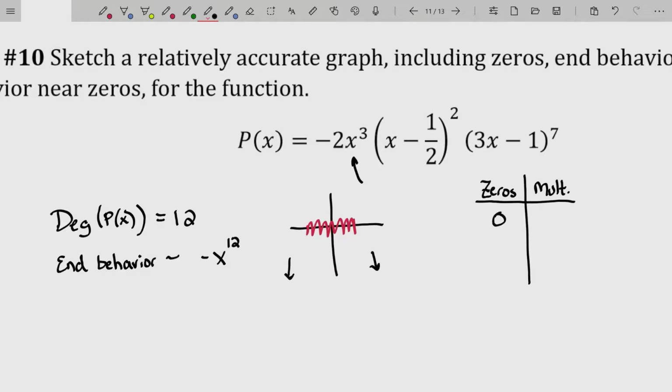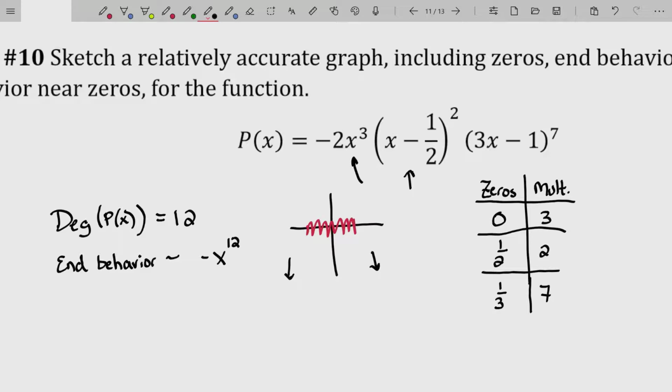Its multiplicity is its power. The next one, what would turn that into 0? Well, 1/2, and its power is 2. And the last one, what would turn that into 0? Well, that would be 1/3. This is one we'd done earlier, and its multiplicity is 7. We just didn't graph it.